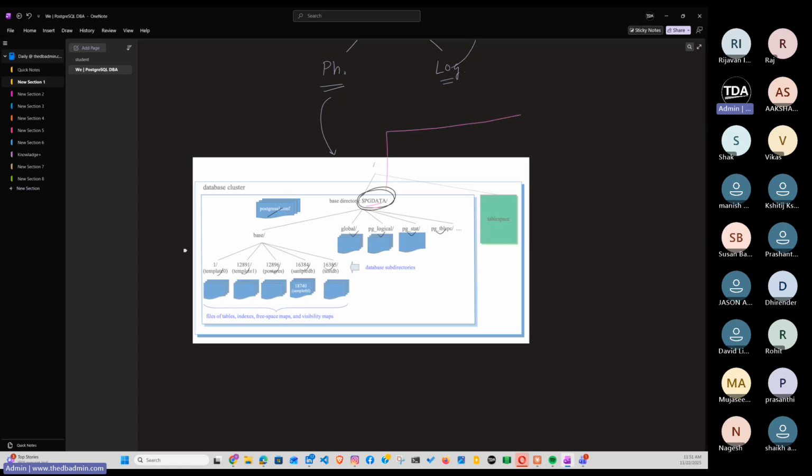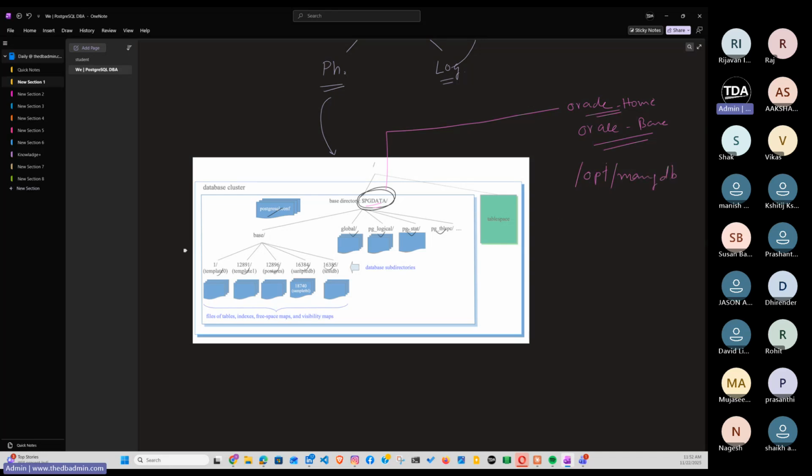The people who are coming from the Oracle background can refer to it as Oracle home or Oracle base. People who are coming from Mongo can think of it as /opt/mongodb.